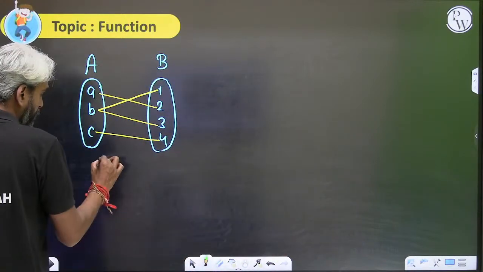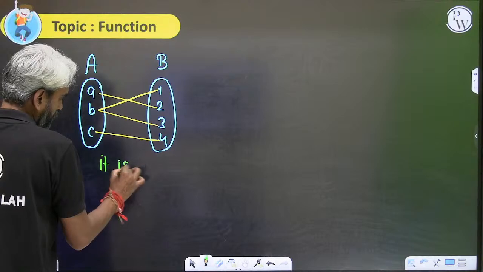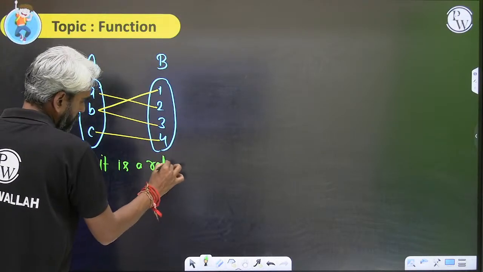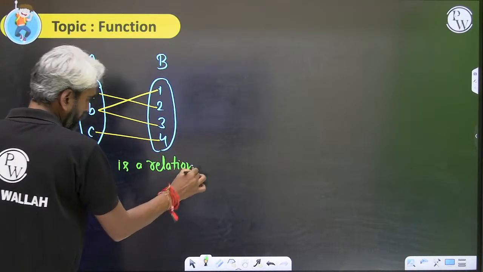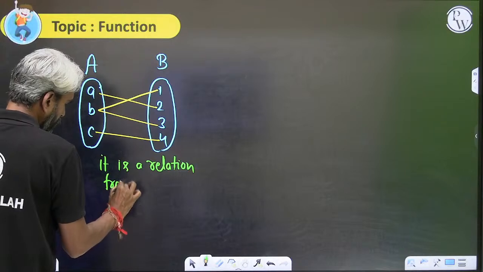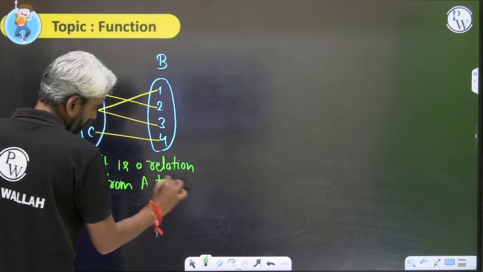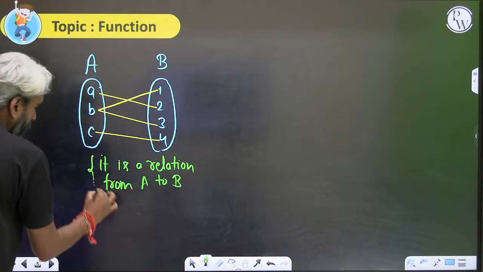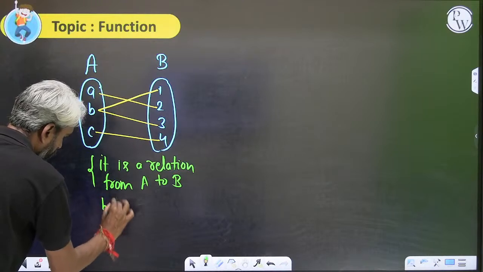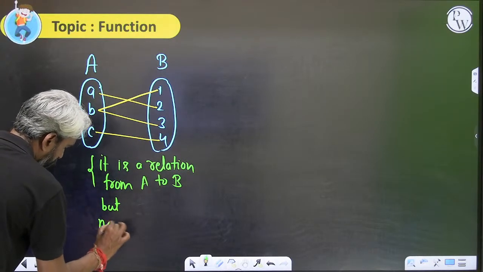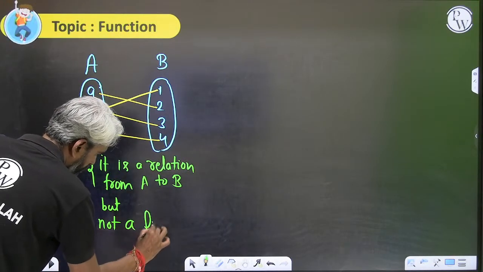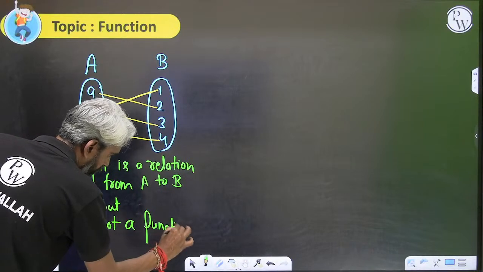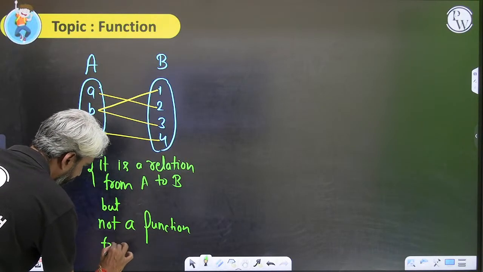It is a relation from A to B, but not a function from A to B. Why?